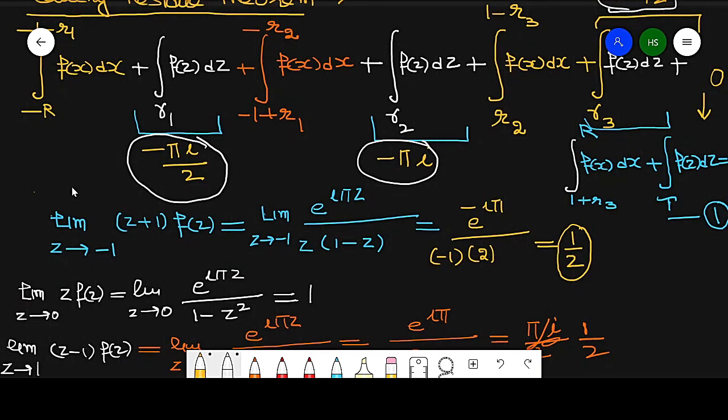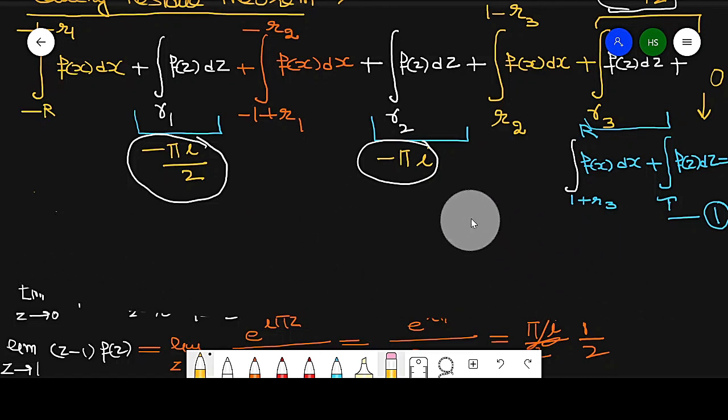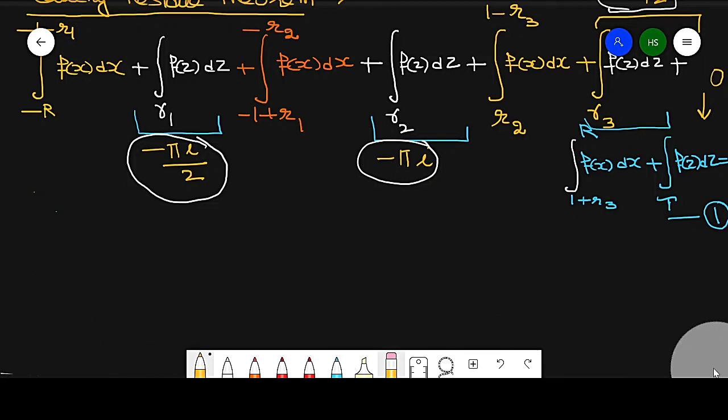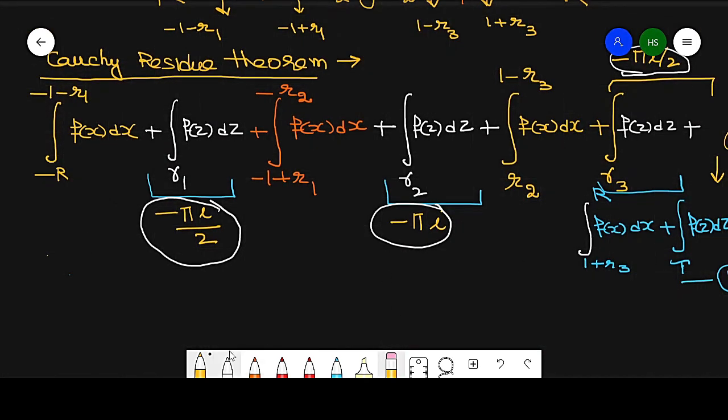Now I will solve this integration. Just see that. I will substitute the value from this. So this is minus infinity and this is 0, so this is minus infinity to minus 1.